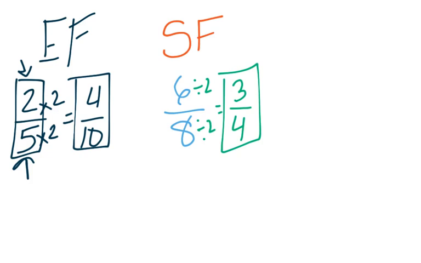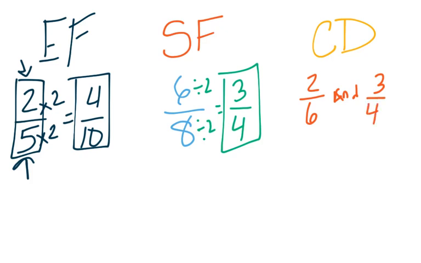The last thing that we did was we found common denominators of fractions, so C and D. And when I find my common denominators of two different fractions, let's say I had the fractions 2/6 and 3/4.